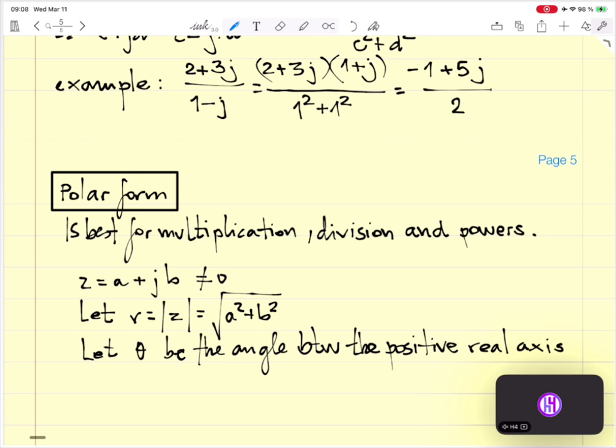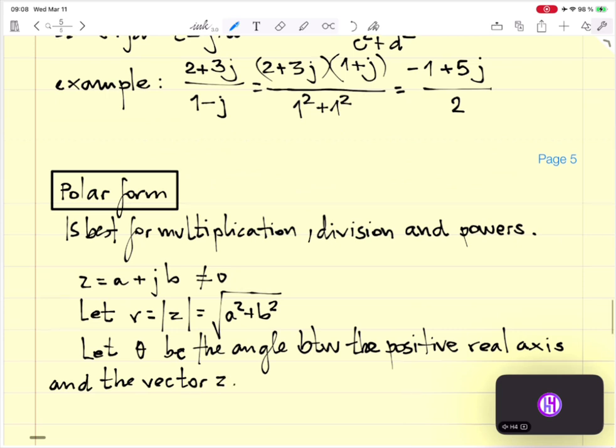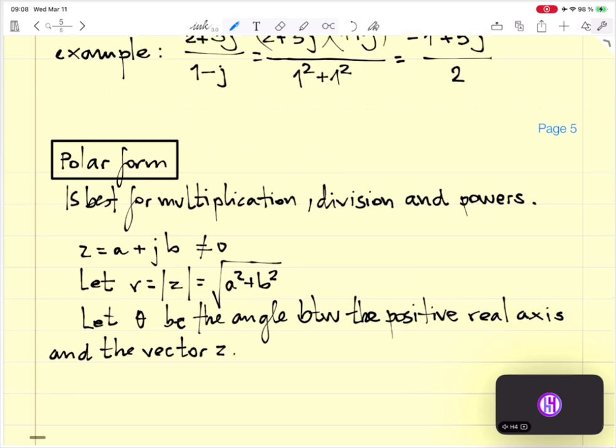No, then it's wrong. There are only two ways here, it's just black or white, right or wrong. The positive real axis and the vector z.